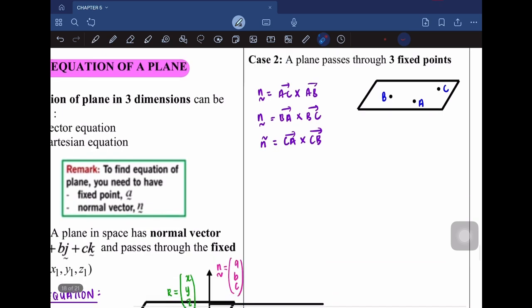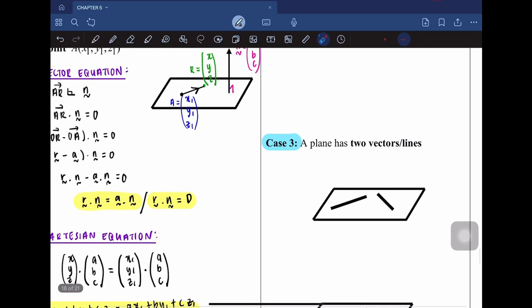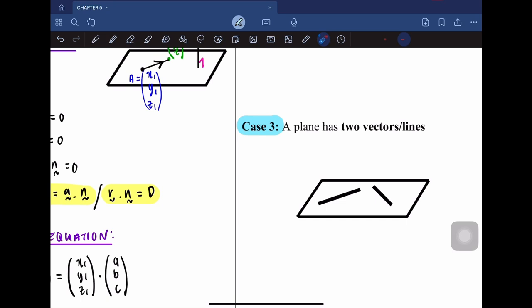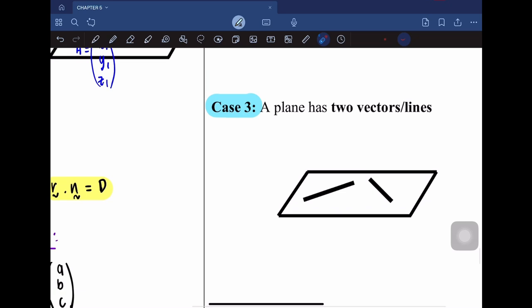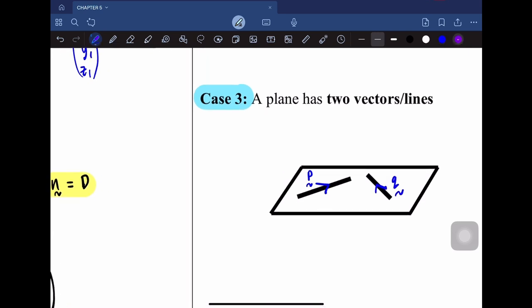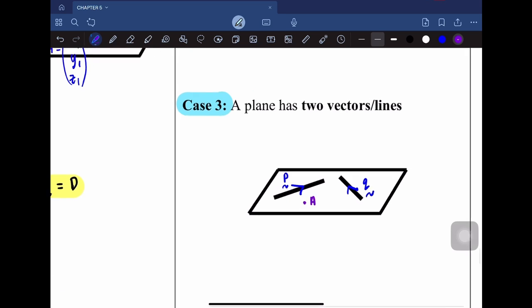For the last part, you're going to have a plane that has two vectors or two lines. Let's first look at the first plane. Let's say we have two vectors, the first one vector P and another one vector Q, with a fixed point given. Let's say this is the fixed point over here. What we don't have is the normal vector.